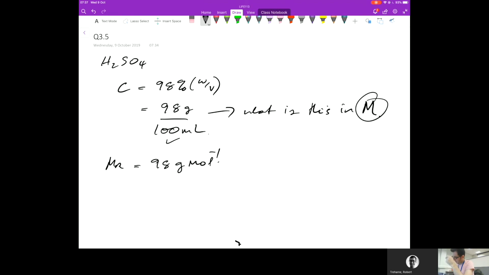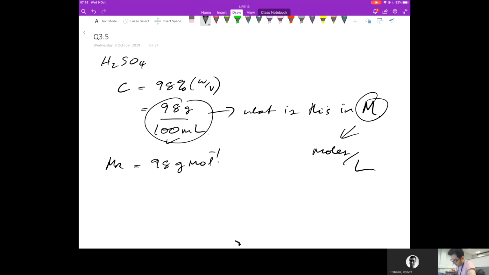remember what this is. This is grams per liter, right? Sorry, that's wrong. This is number of moles per liter, right? So first things first, let's divide this by the relative mass to get rid of the grams, okay?